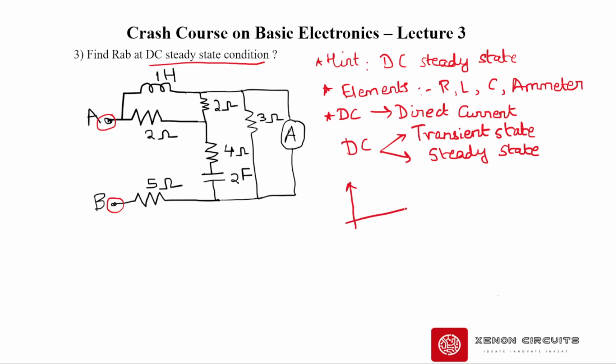So let me just redraw this again. The quantity on the X axis would be time, and the quantity on the Y axis would be either voltage or current, and how they usually appear is like this.